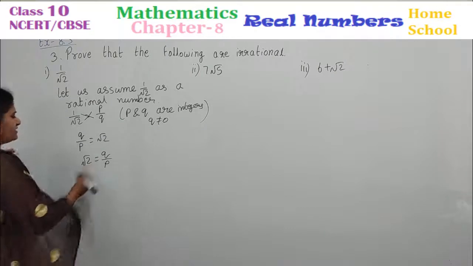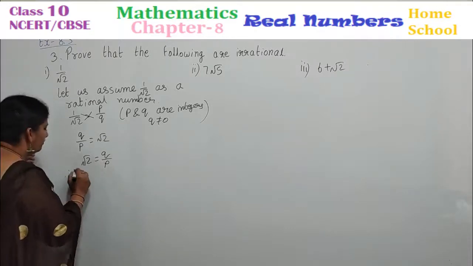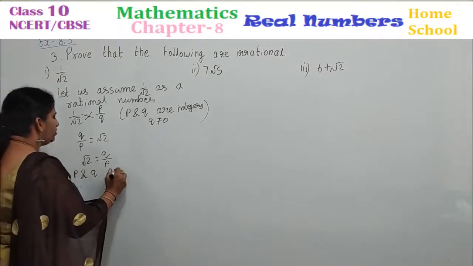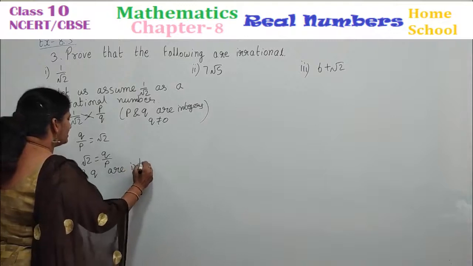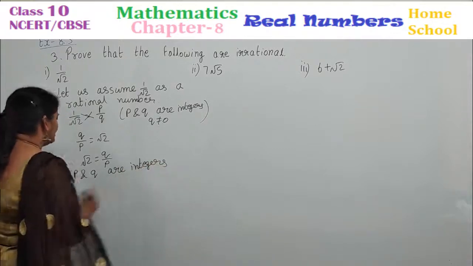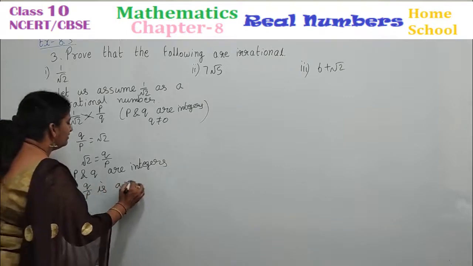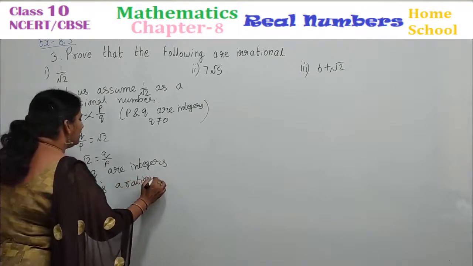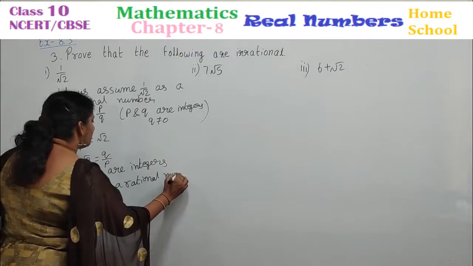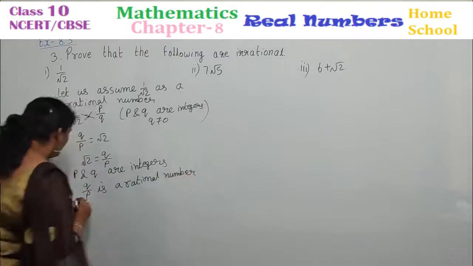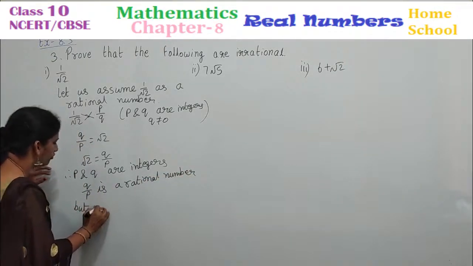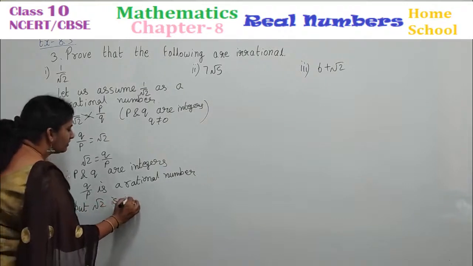That's it. Very simple. Therefore, p and q are integers. That means q by p is a rational number, but root 2 is irrational.